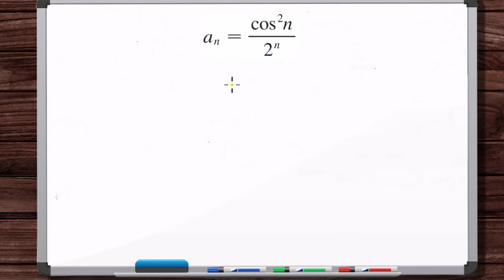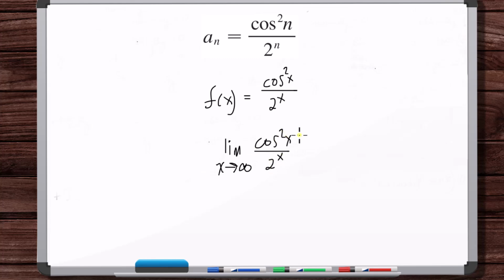Okay, can we replace n with x? That's not a problem at all. As x goes to infinity, you could put any input into cosine, 2 to the infinity, that's fine. So what is the limit as x goes to infinity? This goes to infinity.